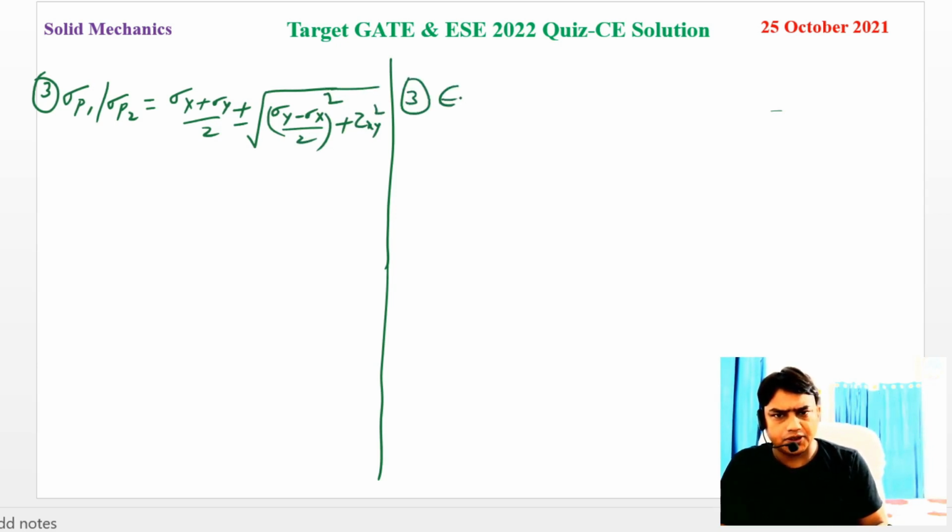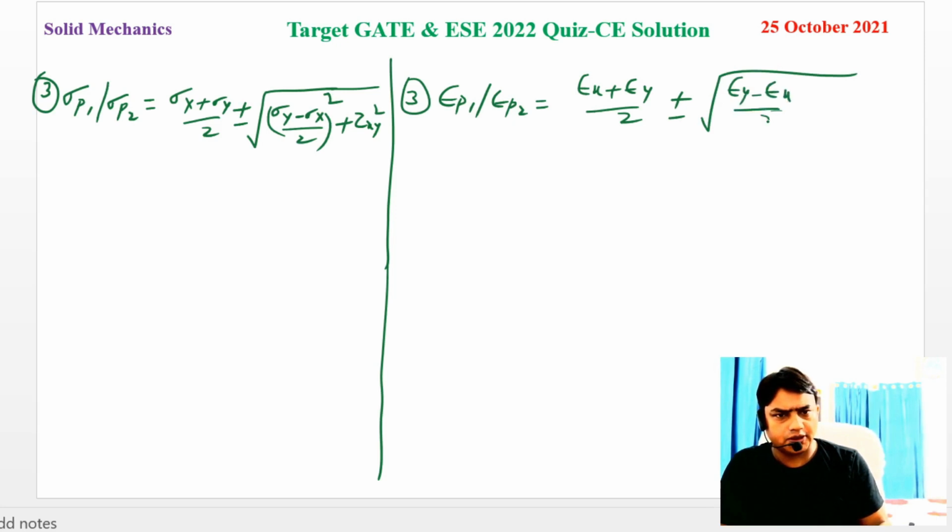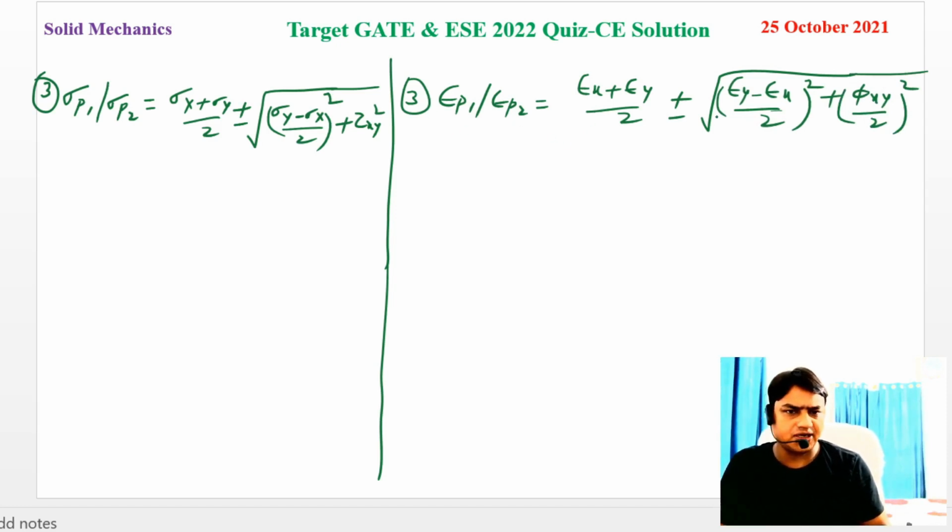Similarly, principal strain can be computed as (epsilon x plus epsilon y) by 2 plus minus square root of ((epsilon y minus epsilon x) by 2) whole square plus (phi xy by 2) whole square. The plus sign is used for the computation of major principal strain and the minus sign for the minor principal strain.